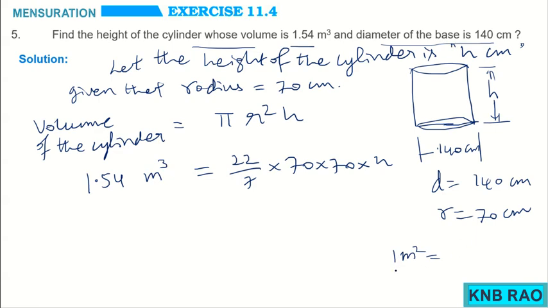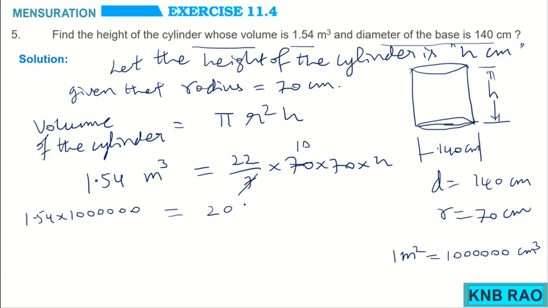What is 1 meter cube in centimeter cube? You know, 10 lakh centimeter cube is 1 meter cube. By substituting it, 1.54 into 10 lakh equals 22 by 7. Here 7 cancels with this 70.